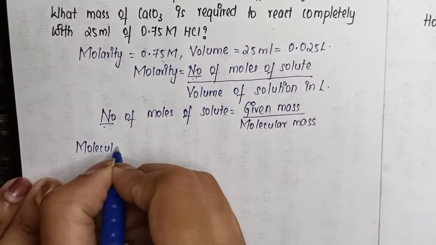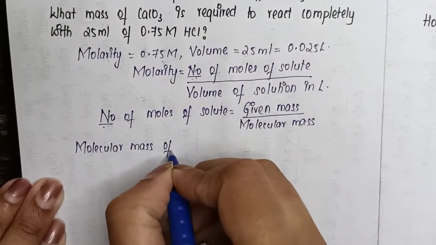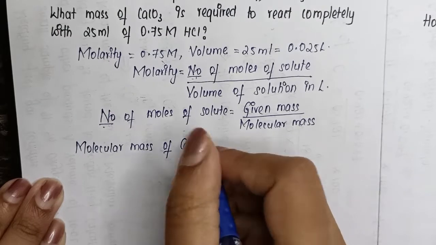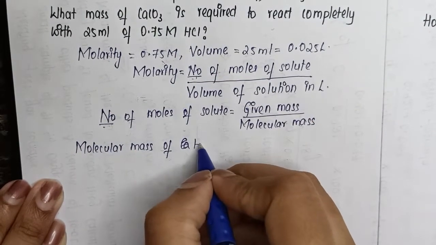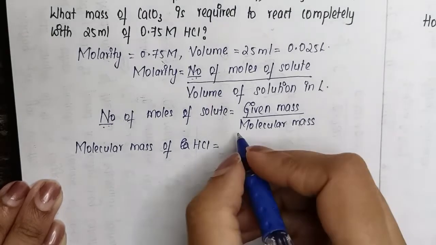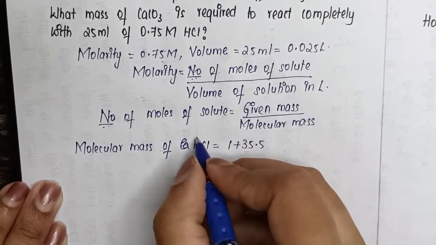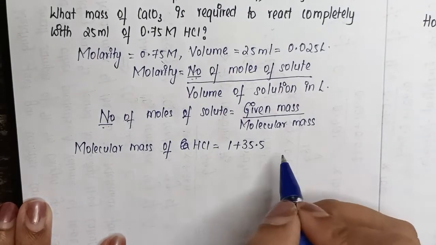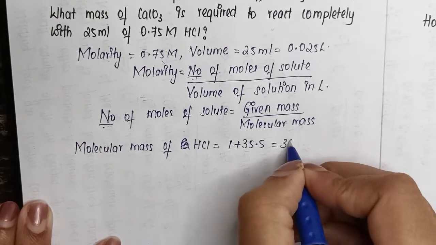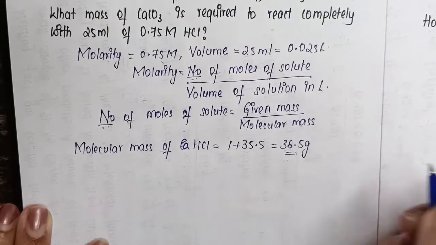Molecular mass of HCl is equal to 1 plus 35.5. 1 is for the atomic mass of hydrogen and Cl is 35.5. When we calculate, you will get 36.5 grams.